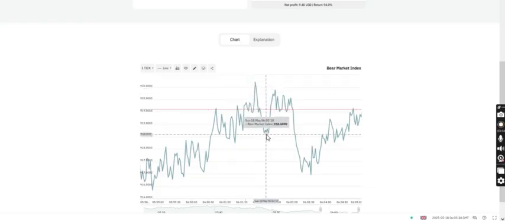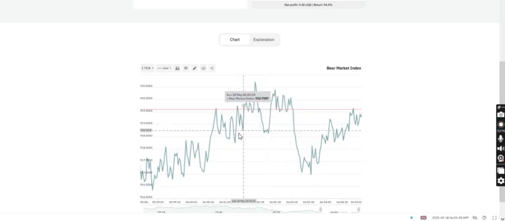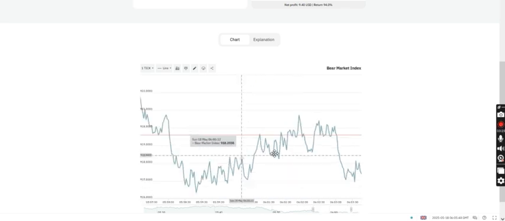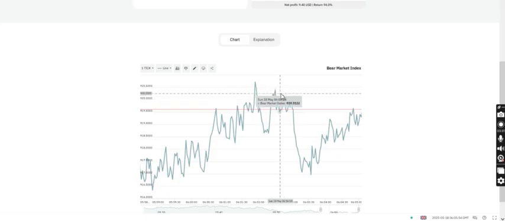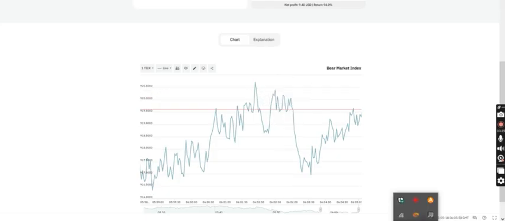I'm just explaining what was on the line chart so that you can see it properly. So at this point, price rallied around this area. That's just what actually happened.